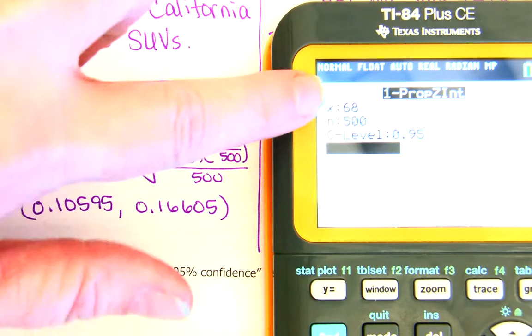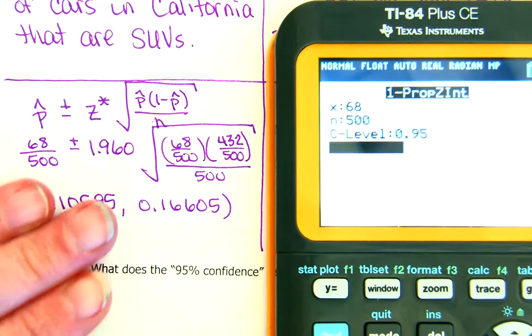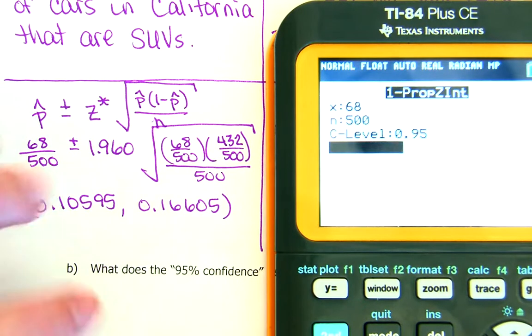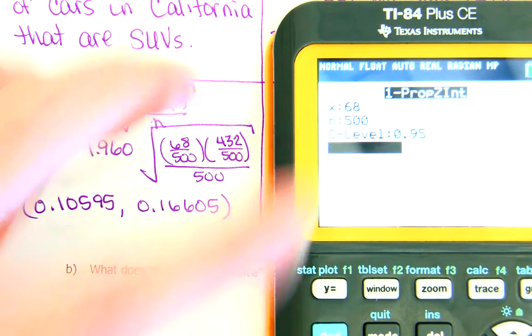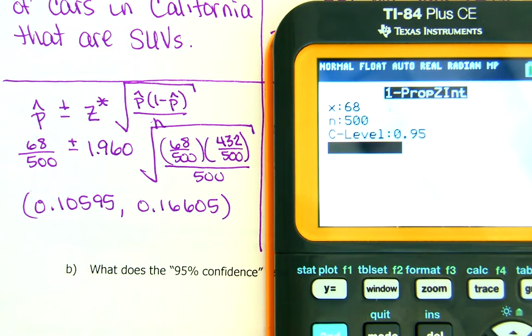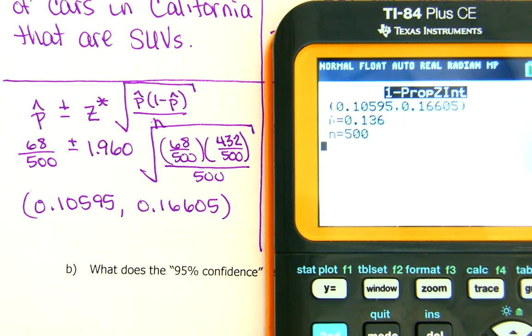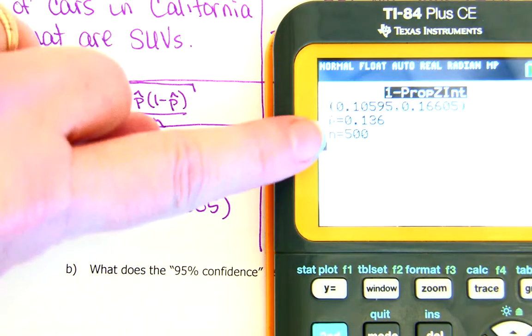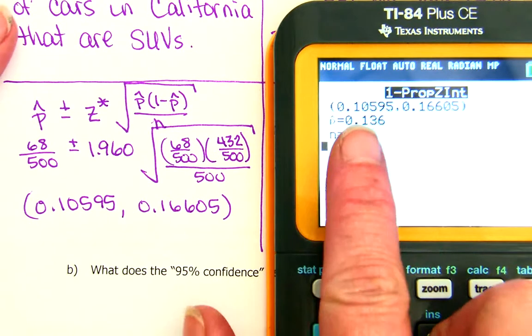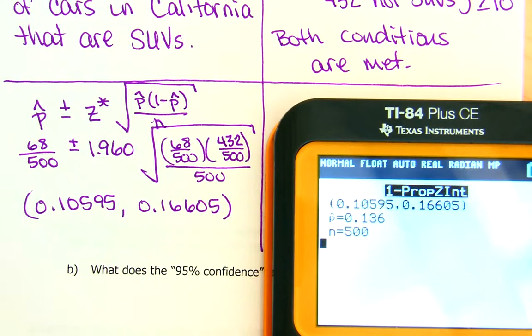Anything you're typing in here needs to be written on your paper. If you're doing this on the calculator, you need to write down what you enter, and then write down what it gives you as the output. So then I would write down these values as my output. So you're going to see same values.